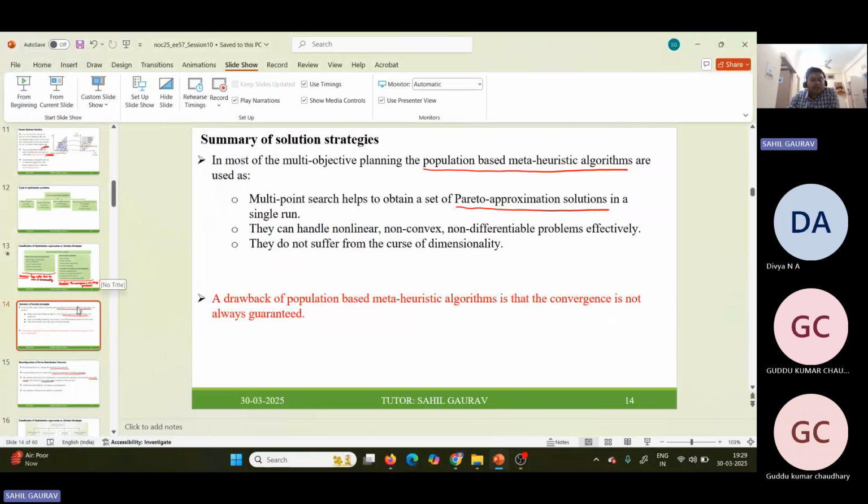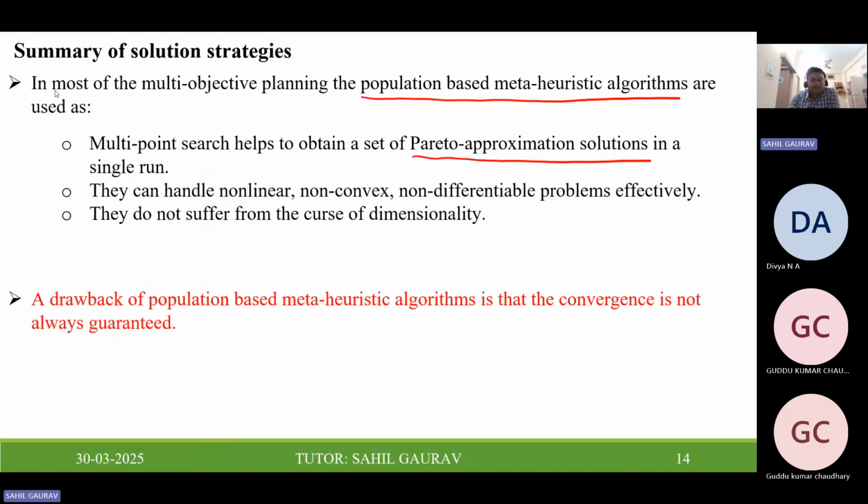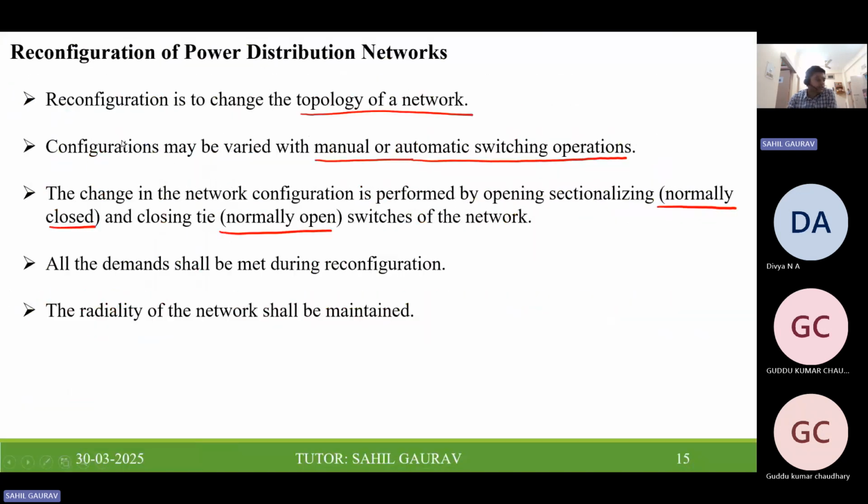I think some problems based on the reconfiguration of power distribution network are not in the current assignment. Otherwise, most of the problems in week 11 are based on the reconfiguration of power distribution network. What do we mean by reconfiguration?